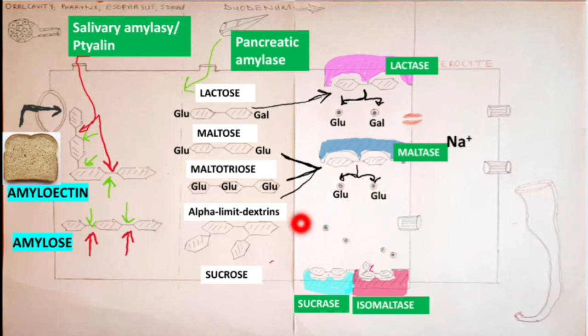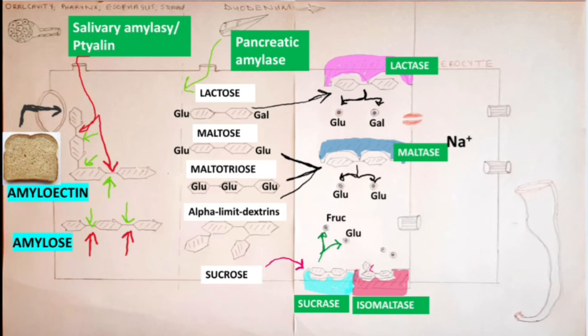And then maltose gives two molecules of glucose. And then alpha limit dextrins are digested by maltase, and sucrose is digested by sucrase. Sucrose is made up of two things, fructose and glucose. Sucrase will cut this glycosidic bond, leaving fructose and glucose.